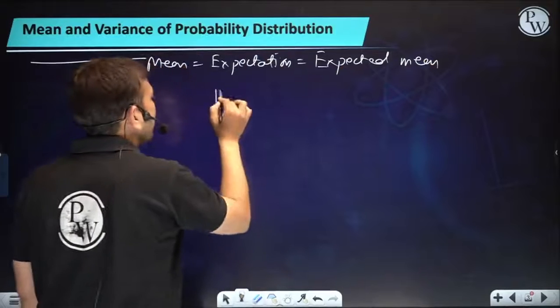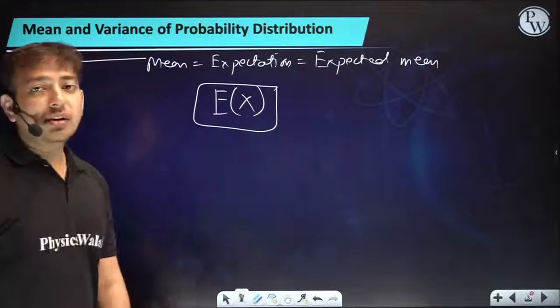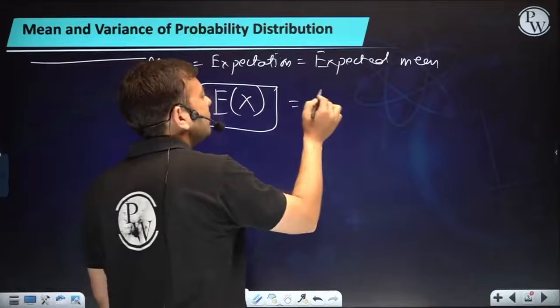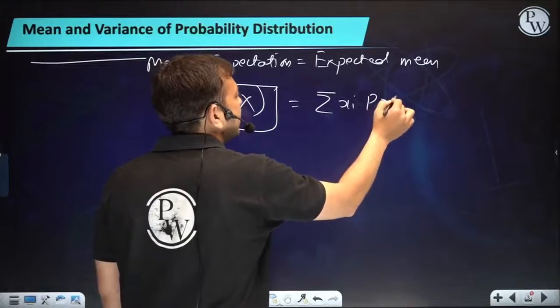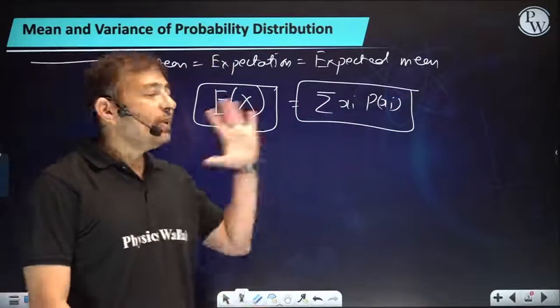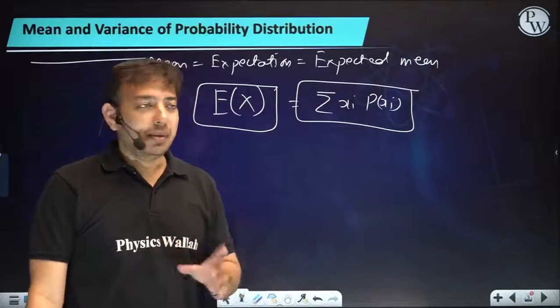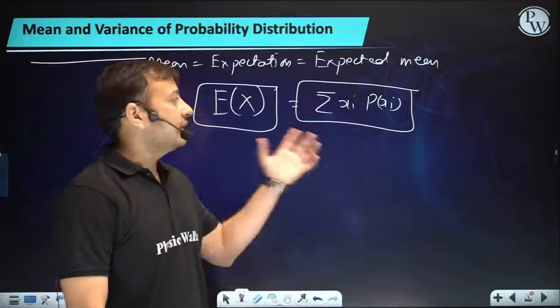It is denoted by E(x). The formula is very simple: sigma xi into p(xi), that gives you the mean. It means the variable with its probability, summed, gives you the mean.